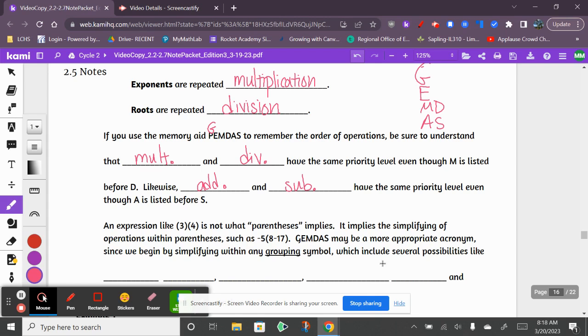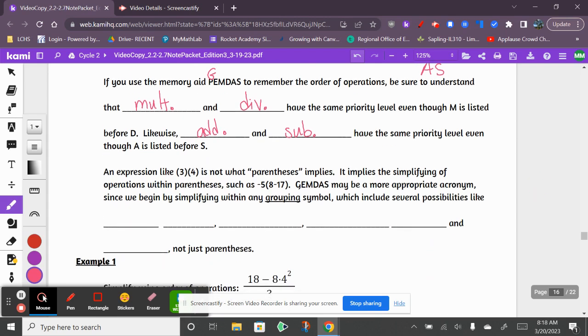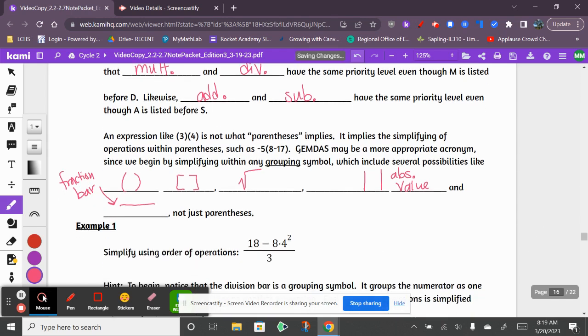Okay, so we can actually consider grouping as many possibilities, and we did go over that quickly. We looked at parentheses, brackets, a square root, absolute value, and we also looked at a fraction bar, all being forms of grouping.